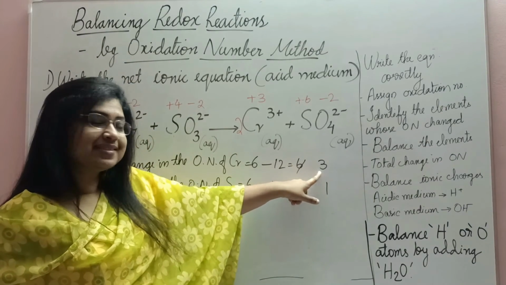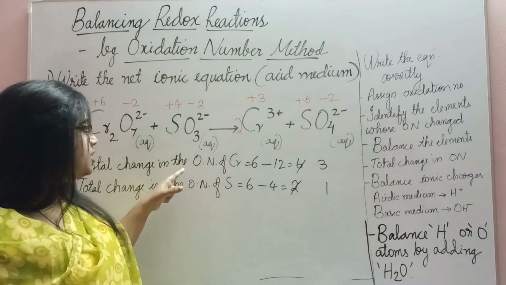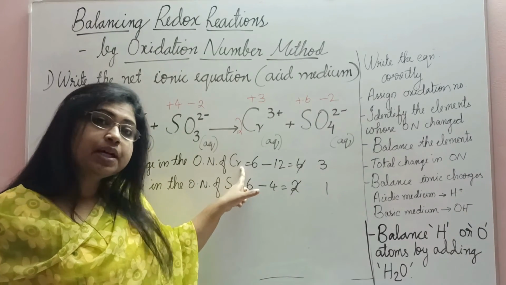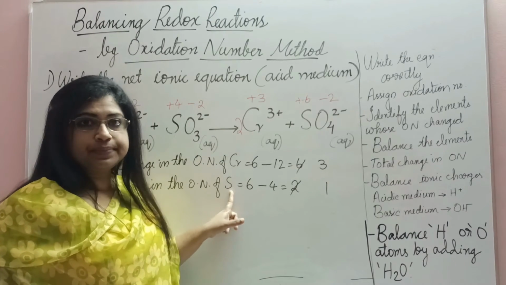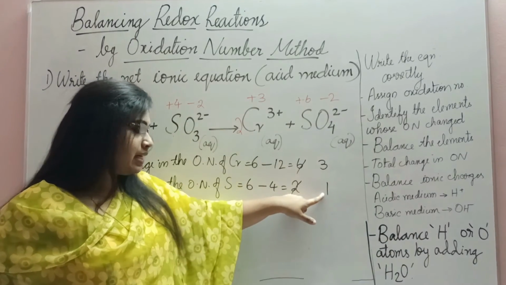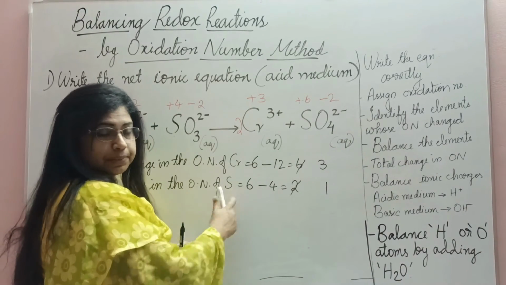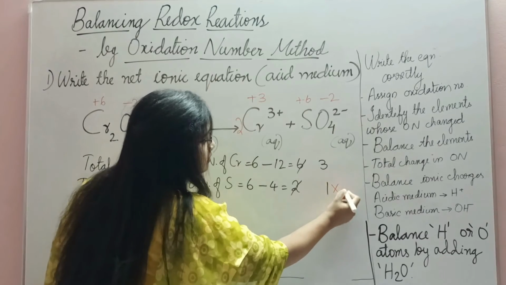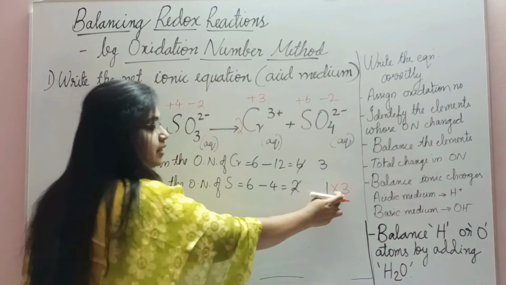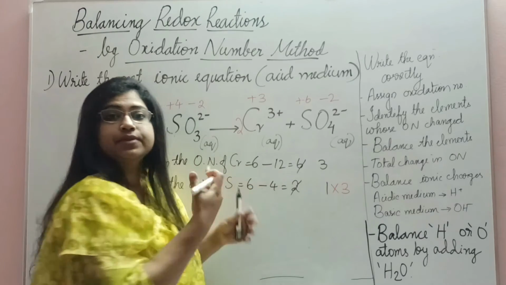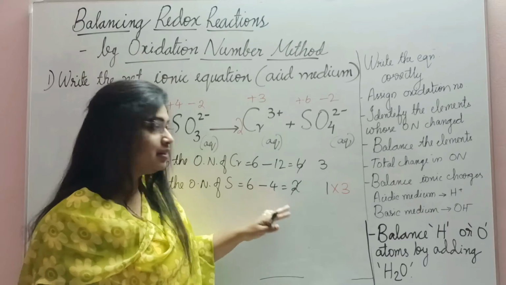Now look, we need to equalize this. The total change in the oxidation number of chromium must be equal to the total change in the oxidation number of sulfur. So in order to equalize it, we need to multiply the sulfur part by the number 3. Wherever sulfur is there, on the reactant as well as on the product side, we multiply by the coefficient 3.